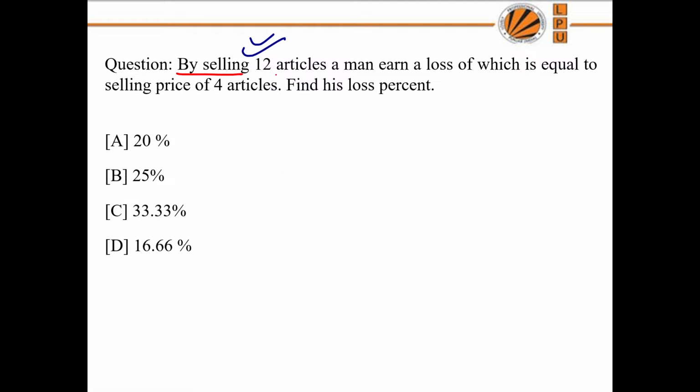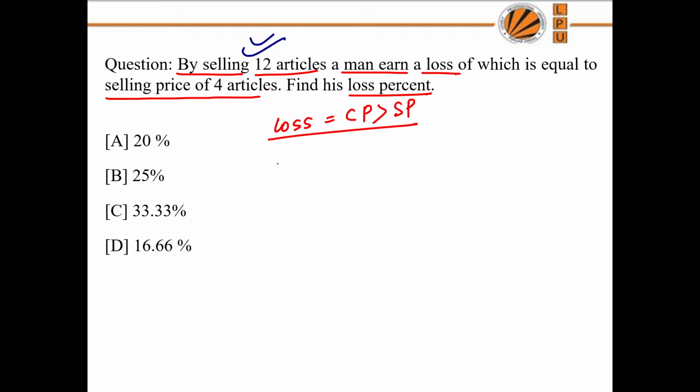Question says, by selling 12 articles a man incurs a loss which is equal to the selling price of 4 articles. Find his loss percentage. So tell me what is loss basically. Loss is when CP is greater than your SP, and the actual formula is loss is equal to CP minus SP.